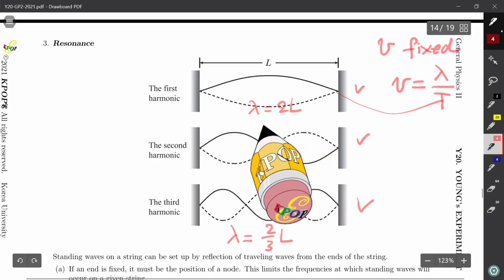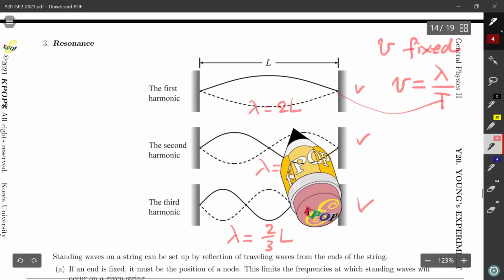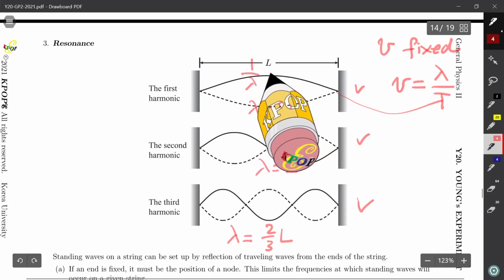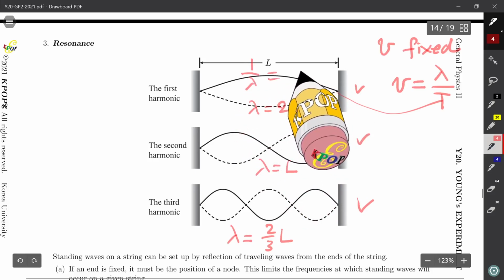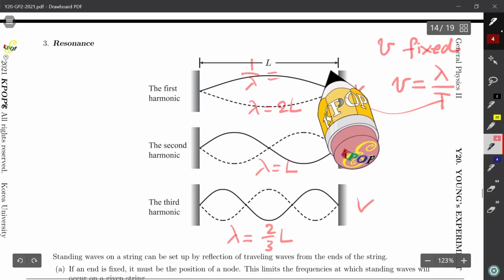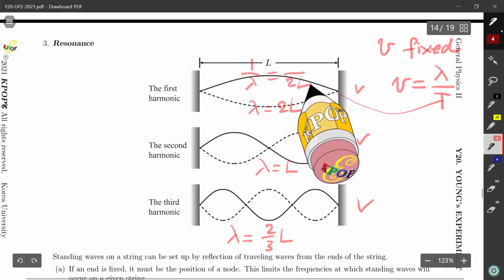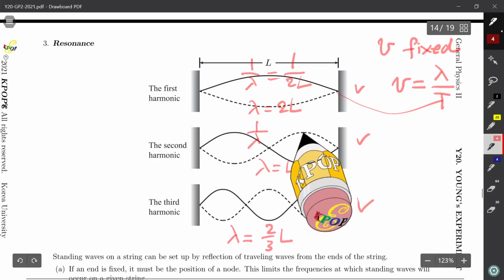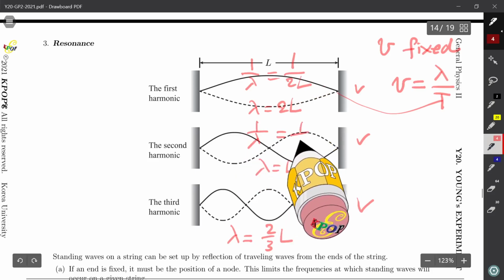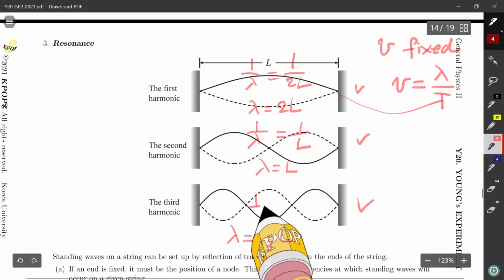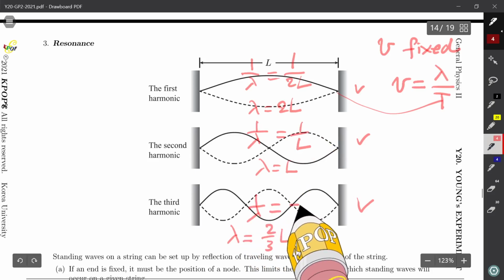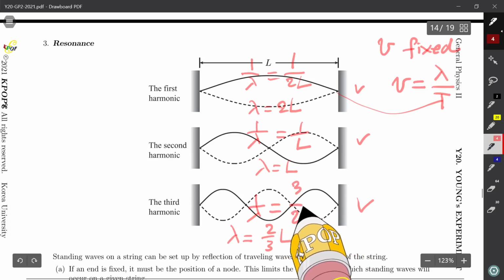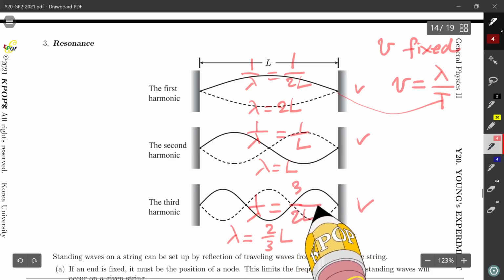So inverse, 1 over lambda is 1 over 2L, 1 over lambda is 1 over L. Inverse 1 over lambda is 1/2 or 3/2, something like that.